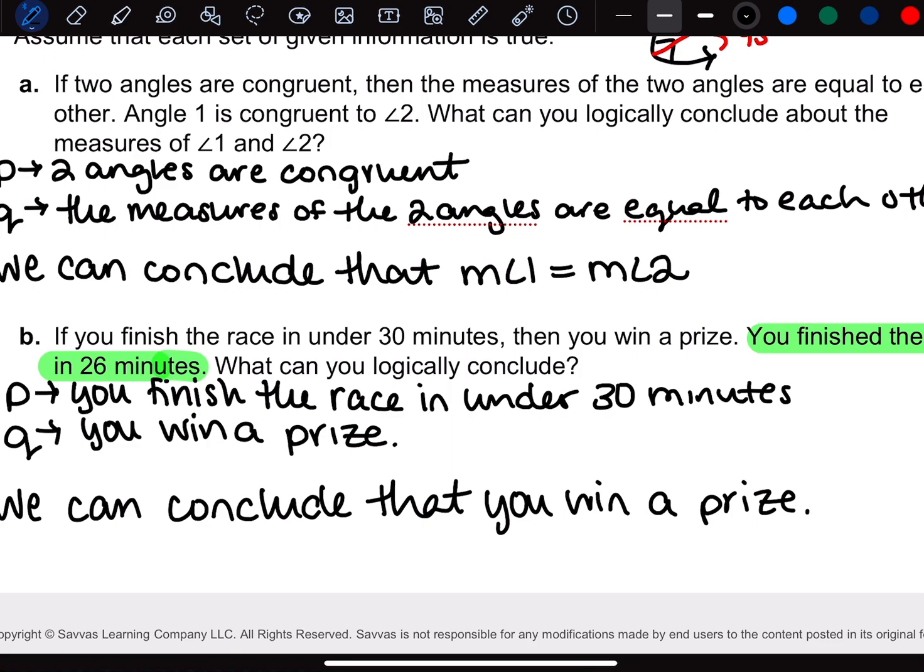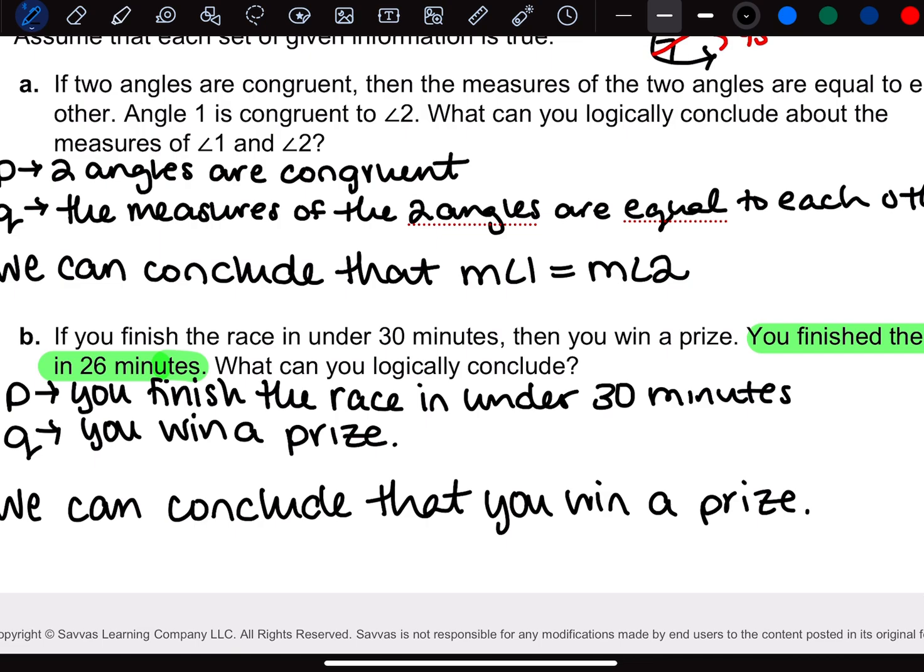Now, if this scenario said that you finished the race in 32 minutes, what do you think is going to happen? Think about that for a second. If you finished that race in 32 minutes, are you going to win that prize?